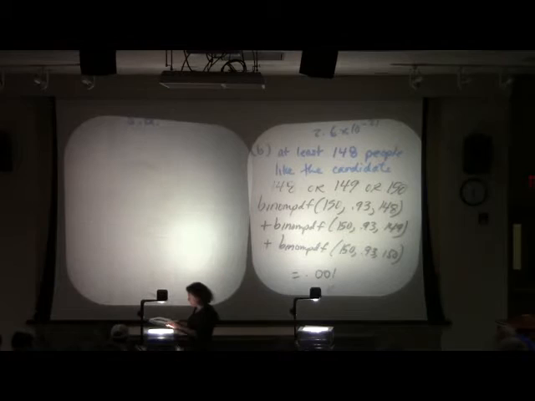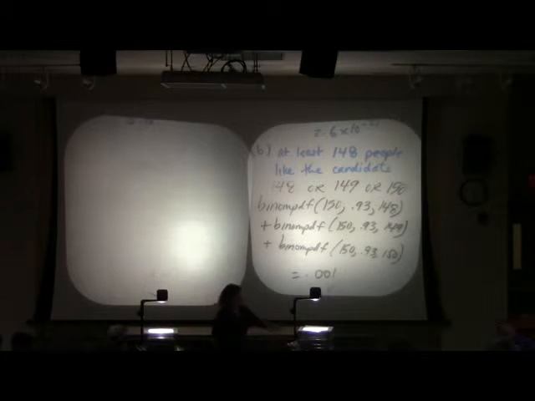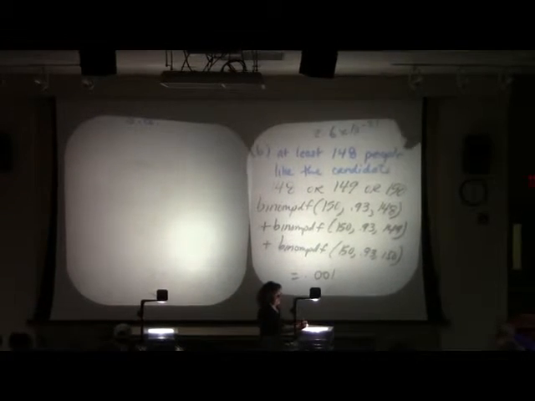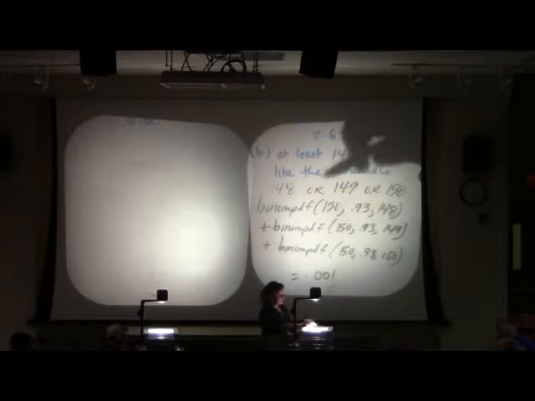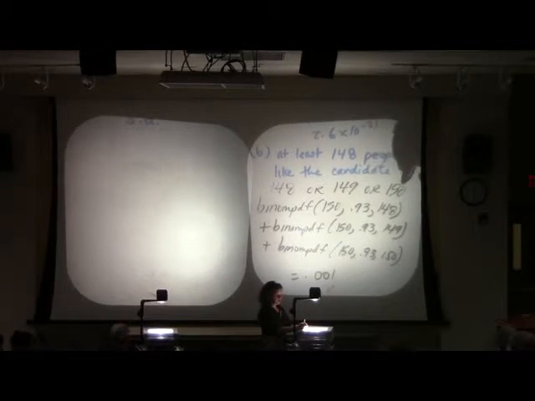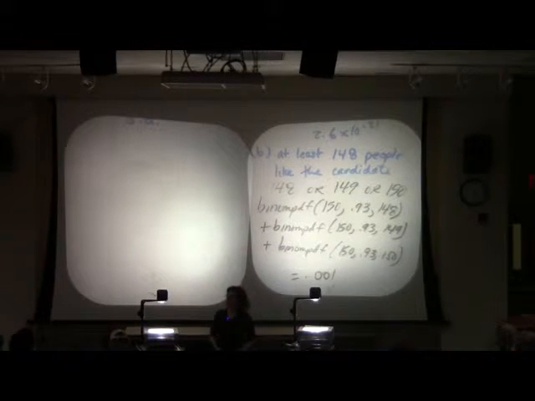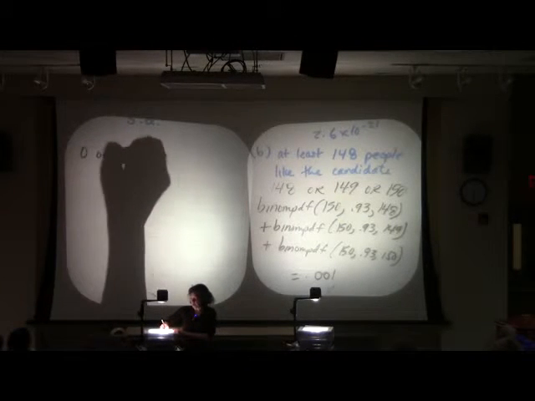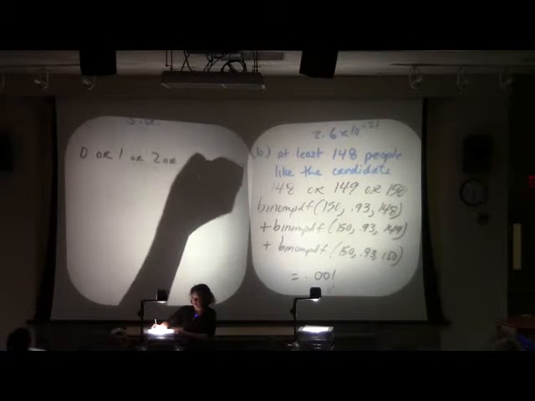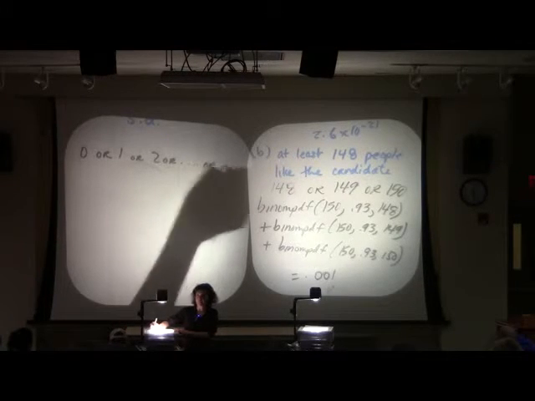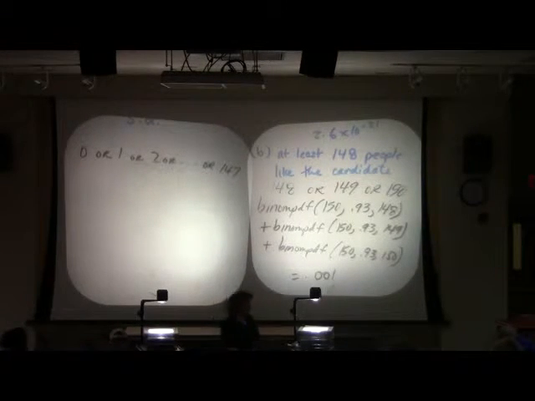So, let me say this. If we are interested in at least 148 people liking the candidate, you're right, that's 148 or 149 or 150. Can I ask you a question? What would the complement of this look like? Well, numerically speaking, wouldn't it be 0 or 1 or 2 all the way up through 147? You guys with me? Remember, the complement is everything except that event.